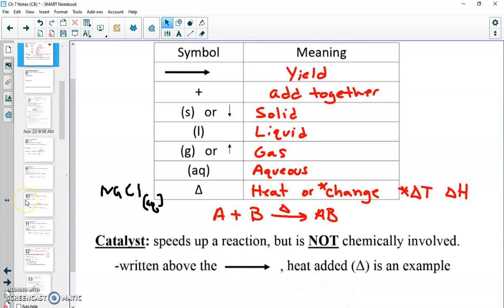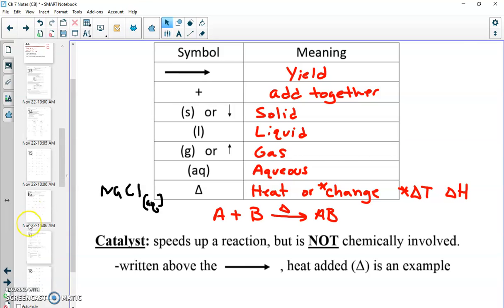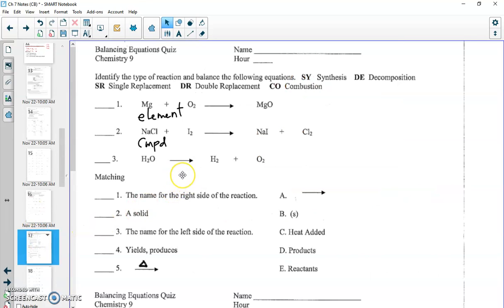Okay. Now I got one more thing to specify and clarify. I think it is right here. Yes. Okay. So down the road, we may have to specify what is an element versus what is a compound. And so don't forget that if it's a compound, it is being connected or bonded or attracted to another element.